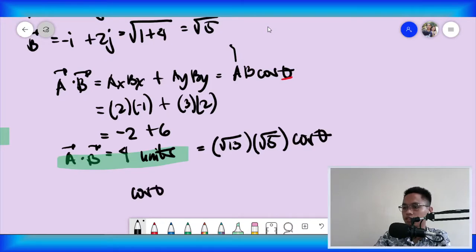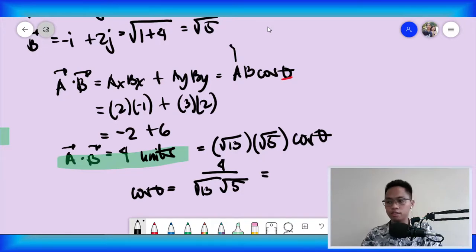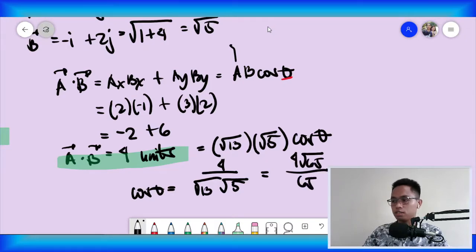Therefore, our cosine theta is simply 4 over the square root of 13 times the square root of 5, which is equal to 4 square root of 65 over 65.